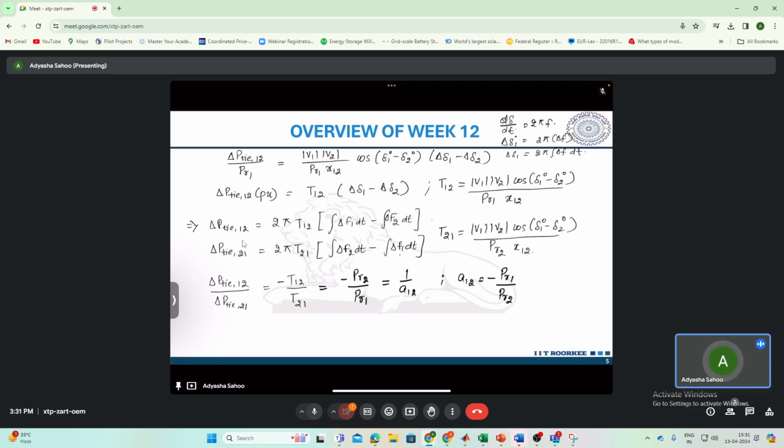So A12 is the capacity of area 1 divided by the capacity of area 2, with a negative sign. So from here I can tell that P21 is A12 times delta P12.